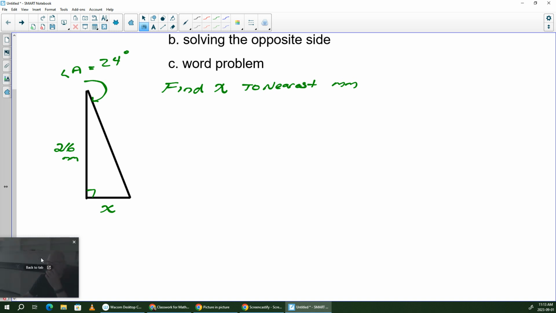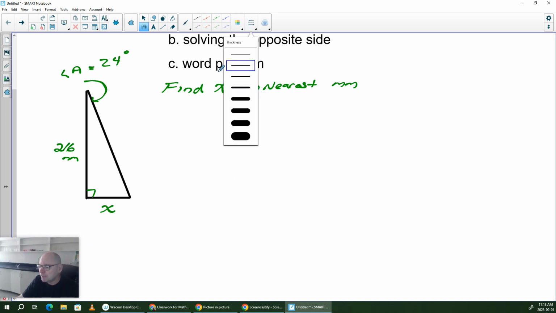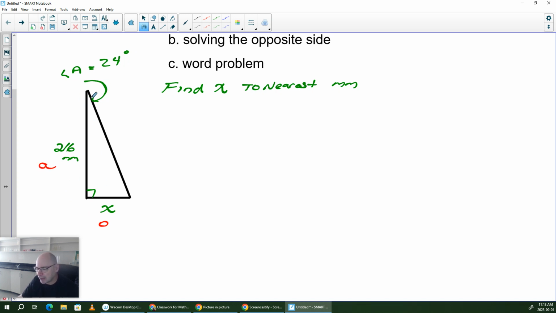Okay, so now we should label this up. We know that this is the opposite side because it's opposite of the given angle A. This is the adjacent side because it's touching the angle and it's not the hypotenuse, because the hypotenuse is always opposite of the right angle.